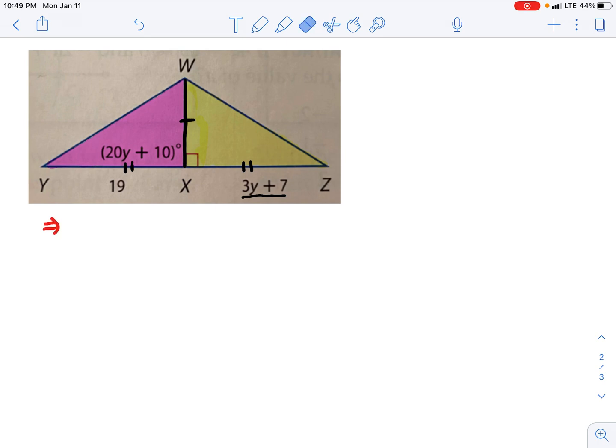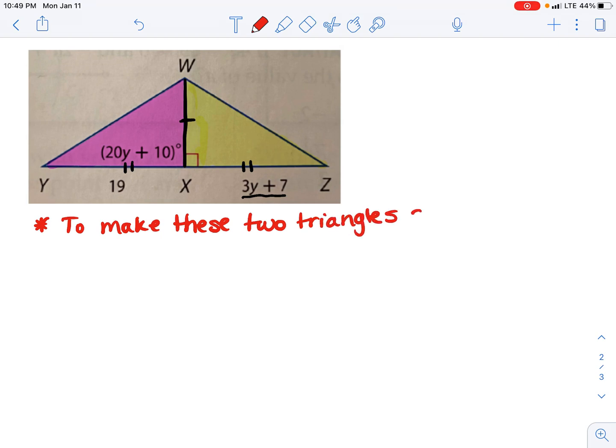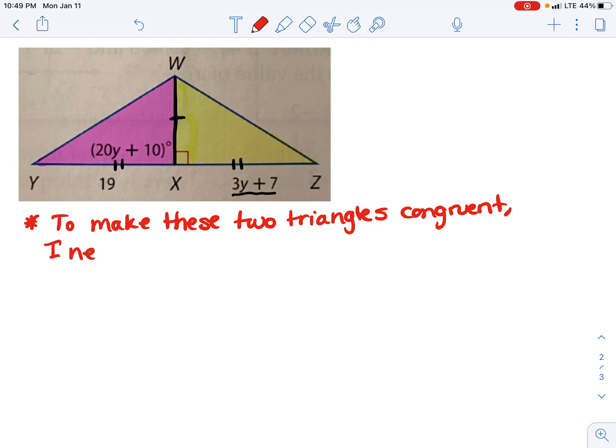So, to make these two triangles congruent, I need side xy to be congruent to side xz, yx to be congruent to xz.